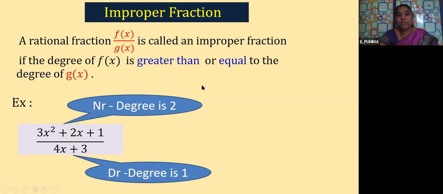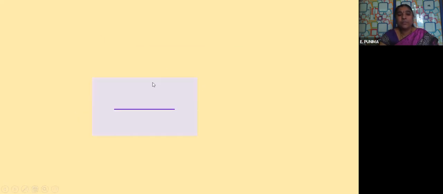Children, one more example we'll see. Suppose I have another fraction, x square plus 2x plus 1 by x square minus 3. This is a rational fraction f of x by g of x. In the numerator you have a quadratic polynomial, and in the denominator also you have a quadratic polynomial.